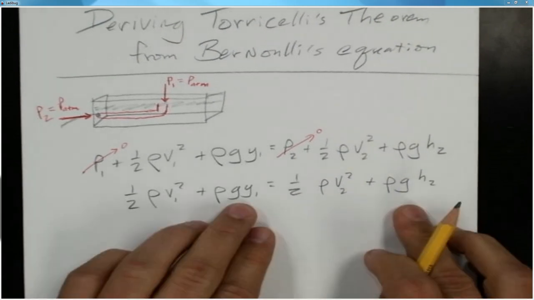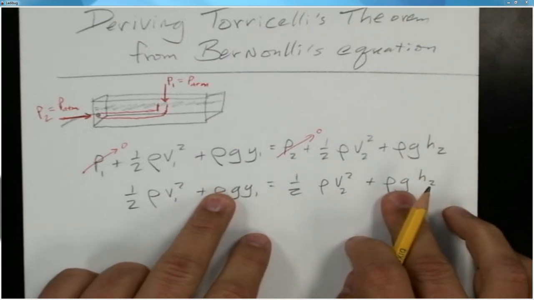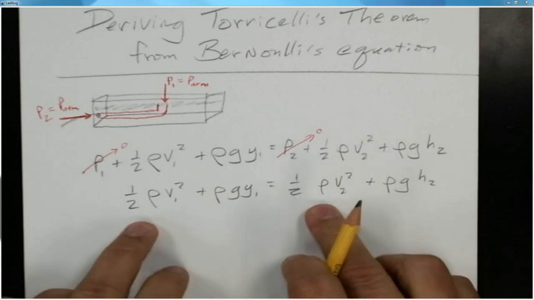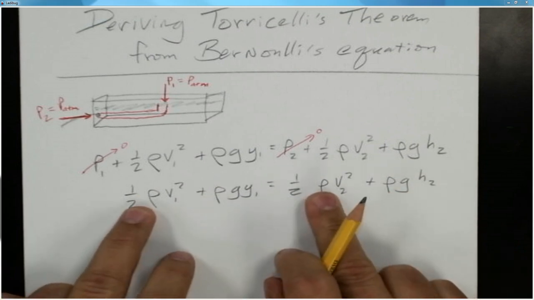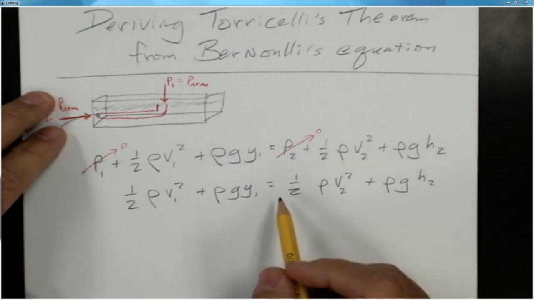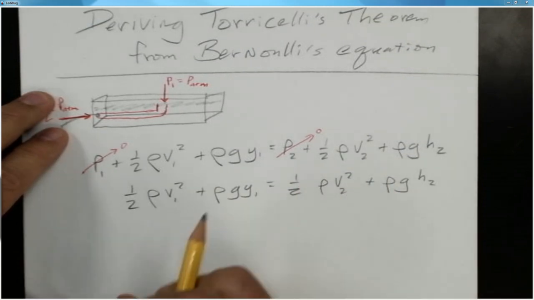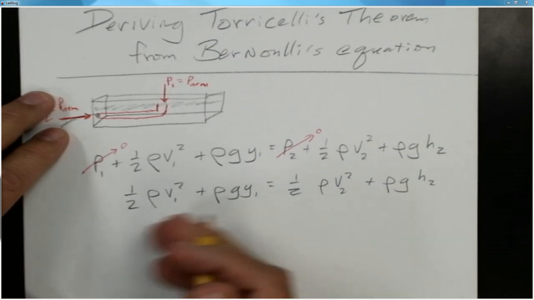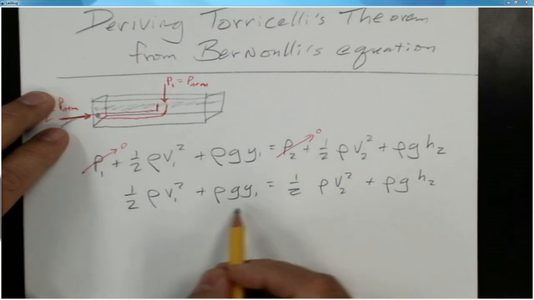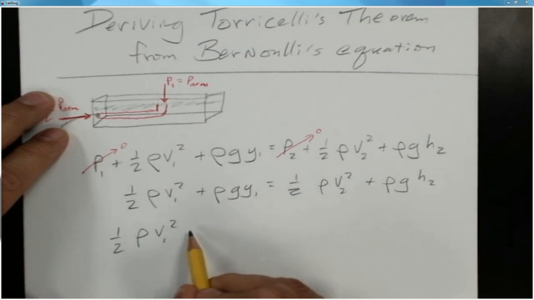You should immediately notice you have rho and g are the same on this side and this side, and that 1/2 rho is the same. So the first thing that should pop to your mind is, let's scooch things around and get the like stuff together and manipulate. Like this.